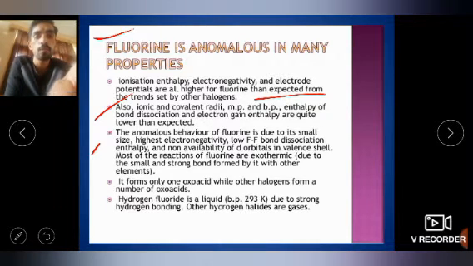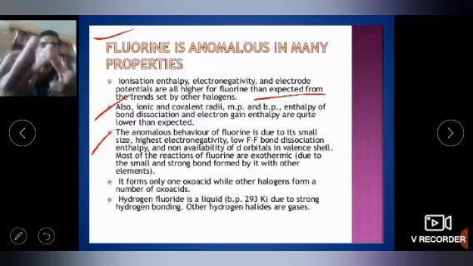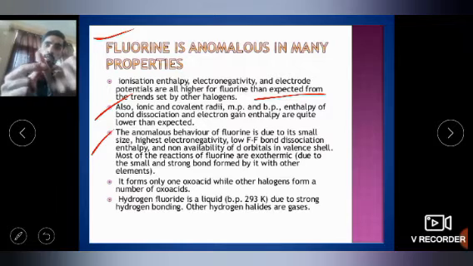The anomalous behavior of fluorine is because of its very small size and very high electronegativity. Dear students, we have studied the anomalous behavior of nitrogen, oxygen, and now fluorine. If a question comes on anomalous behavior, the common reasons are very small size and very high electronegativity.